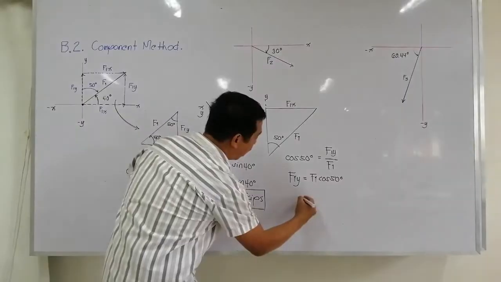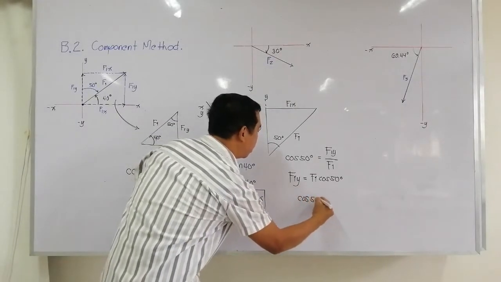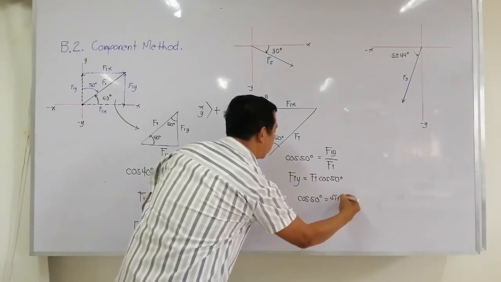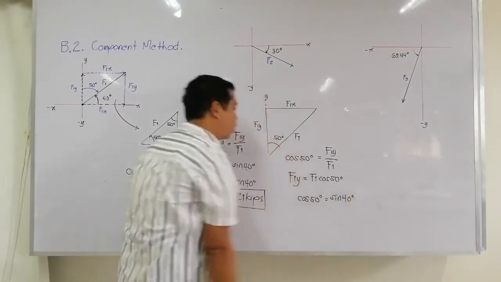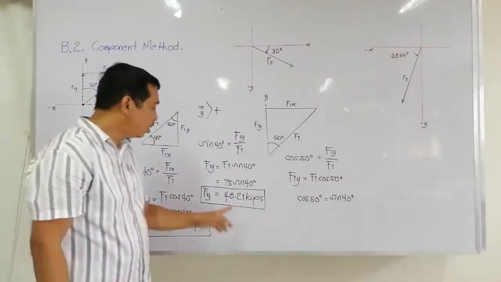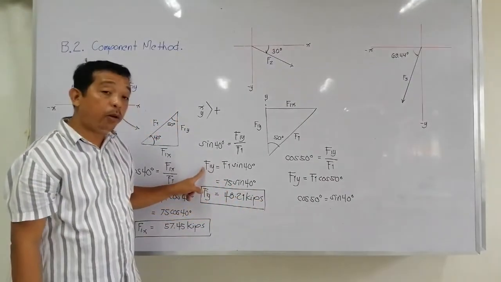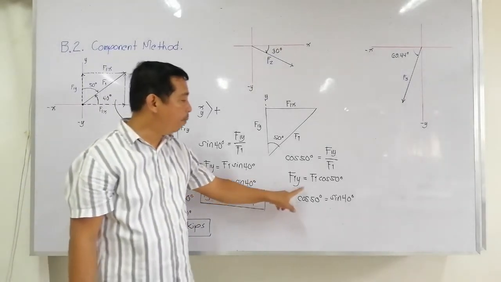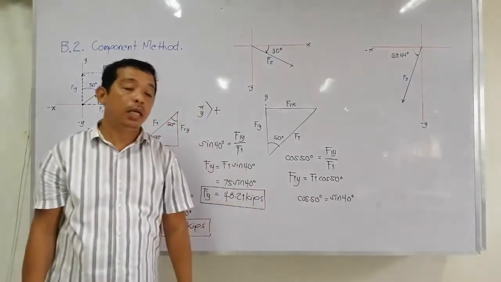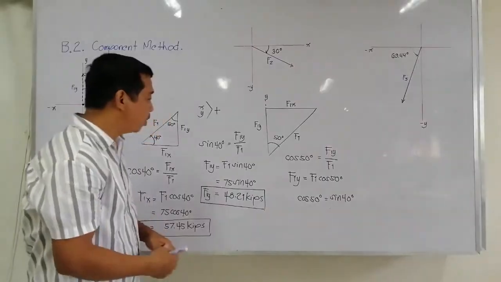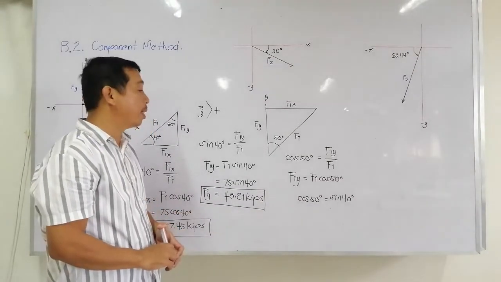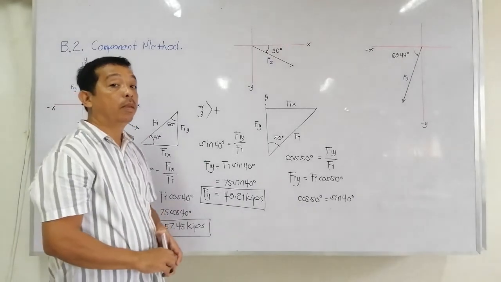Alam naman natin na ang cosine 50 degrees is equivalent to the sine function of 40. So, ang f1y natin ay f1 sine 40 or f1 cosine 50. It will give you or give us the same answer, that is 48.21 kips. Okay?